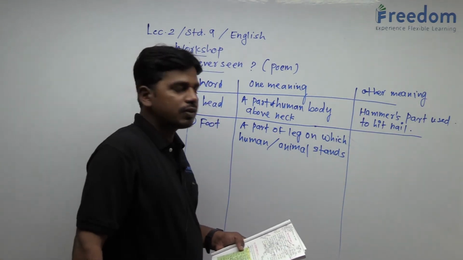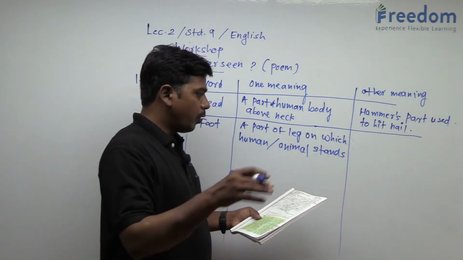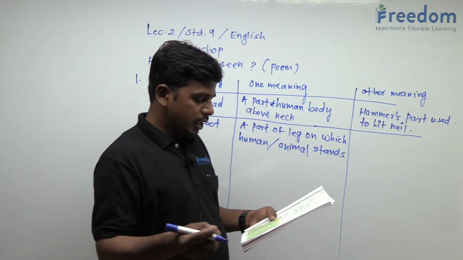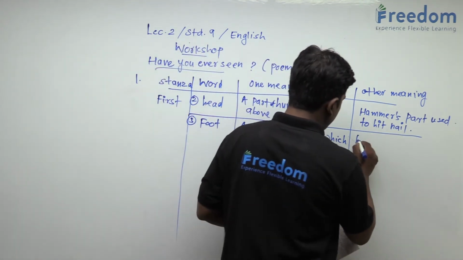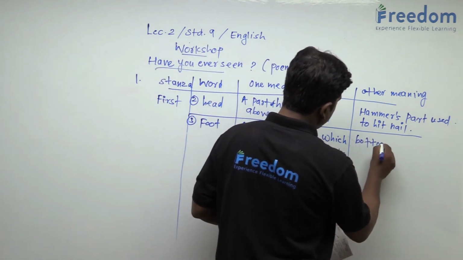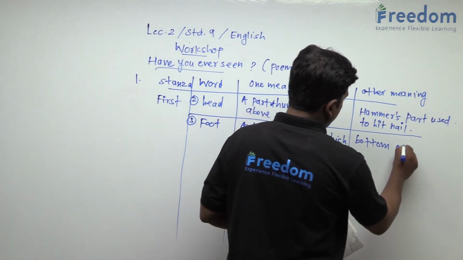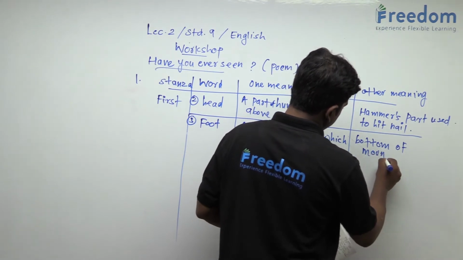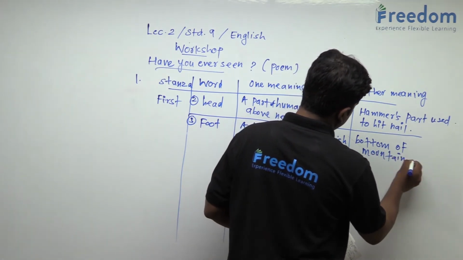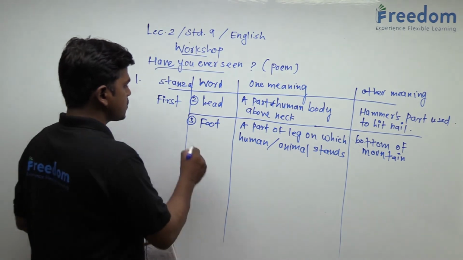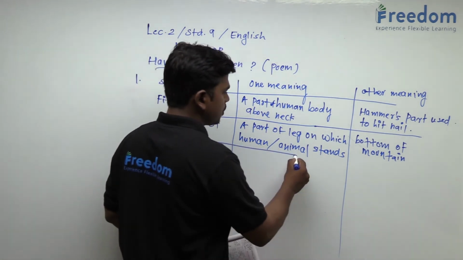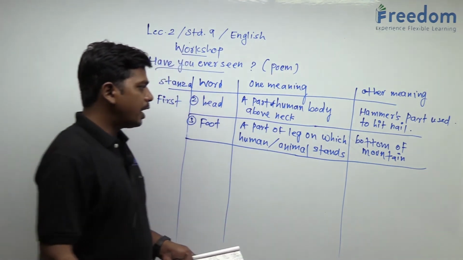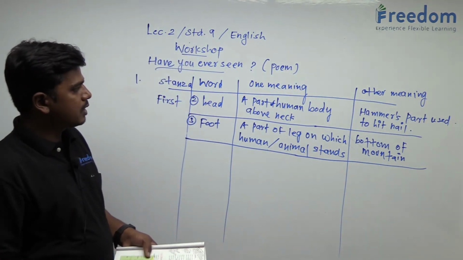We call that a foot. Now what meaning do we get in the poem? The word is used in the poem to express the bottom of a mountain. The bottom of the mountain is represented by the word foot in the poem. So the actual meaning of this word is a part of the leg on which a human or animal stands.